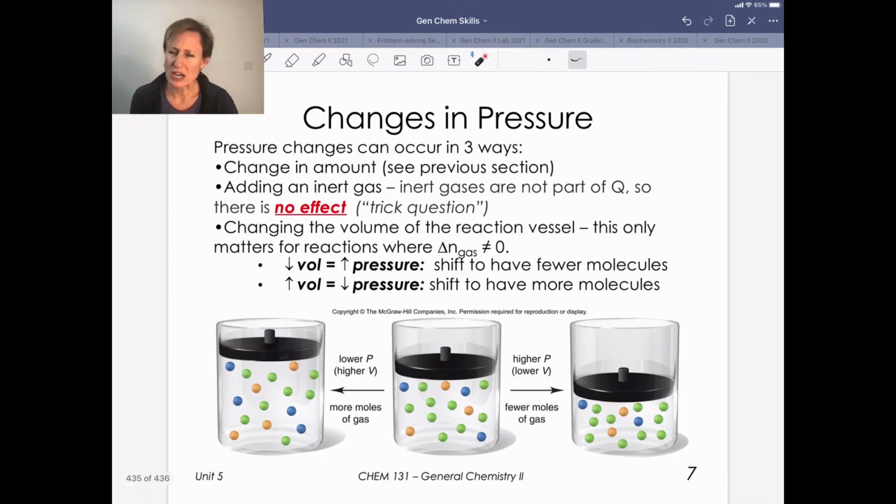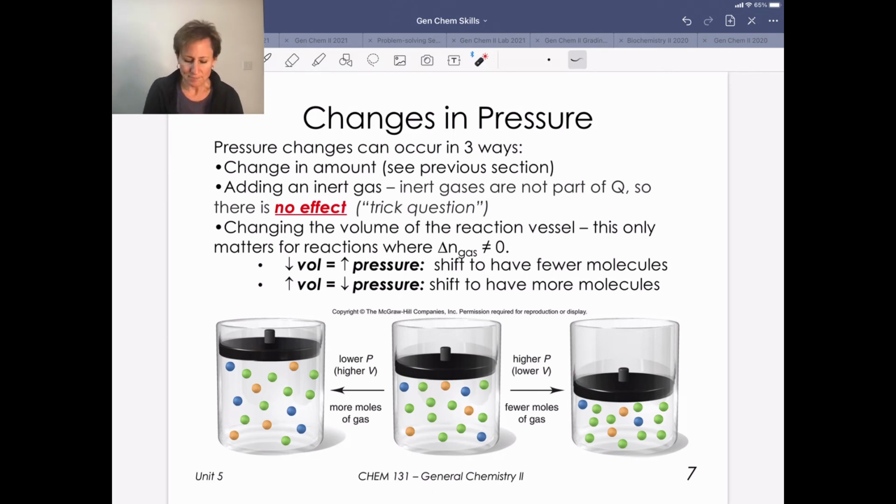What about pressure changes? Okay, this has to do with thinking about giving gas molecules enough space to kind of hang out and live, right? They don't want to be cramped up next to one another. So if we think about changes in pressure, there's 3 ways that we can change pressure. We could change the amount. Well, that really just plays into what we had on our last couple of slides.